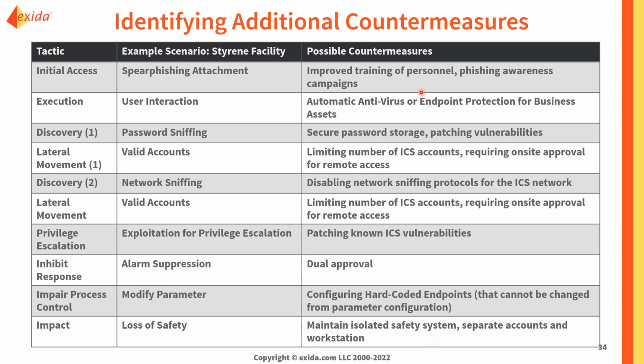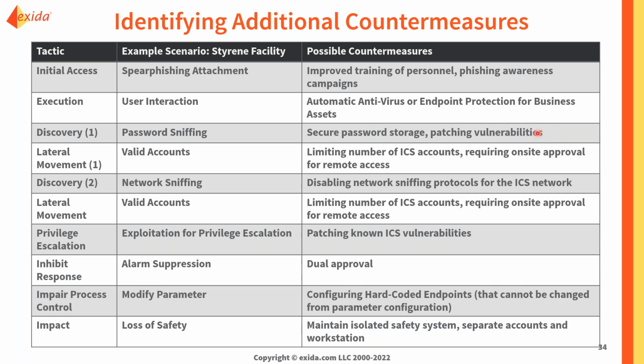So for our spear phishing, improved operator training and phishing awareness campaigns are going to make it less likely that we have personnel clicking on those links. If we run antivirus or endpoint protection on business assets, we may be more able to identify malware when it's executing and automatically stop that from occurring on business laptops, so that they don't have the opportunity to then remotely connect into our ICS environment.